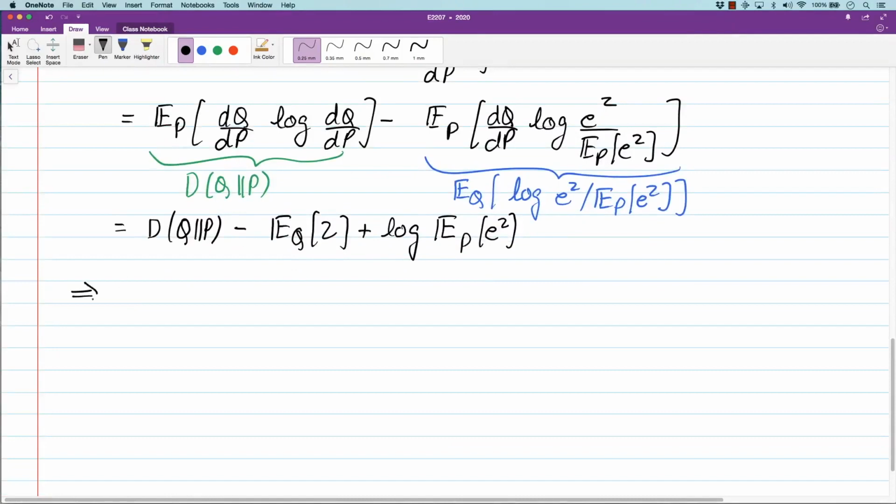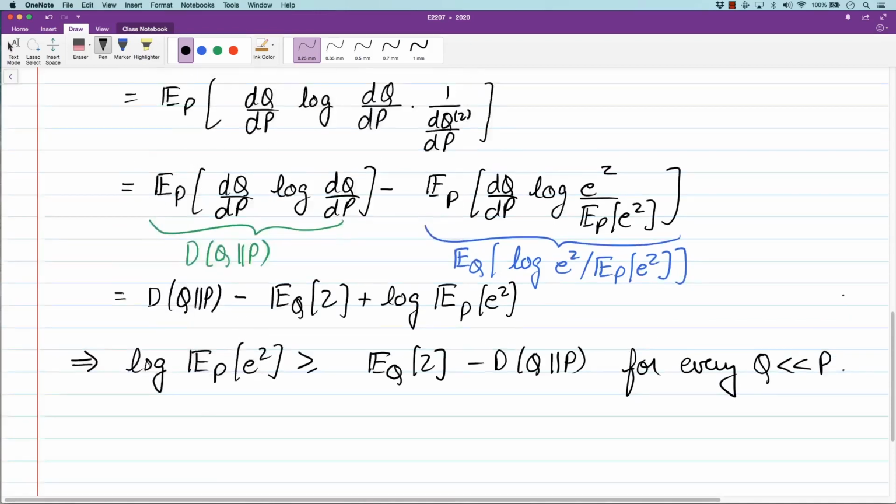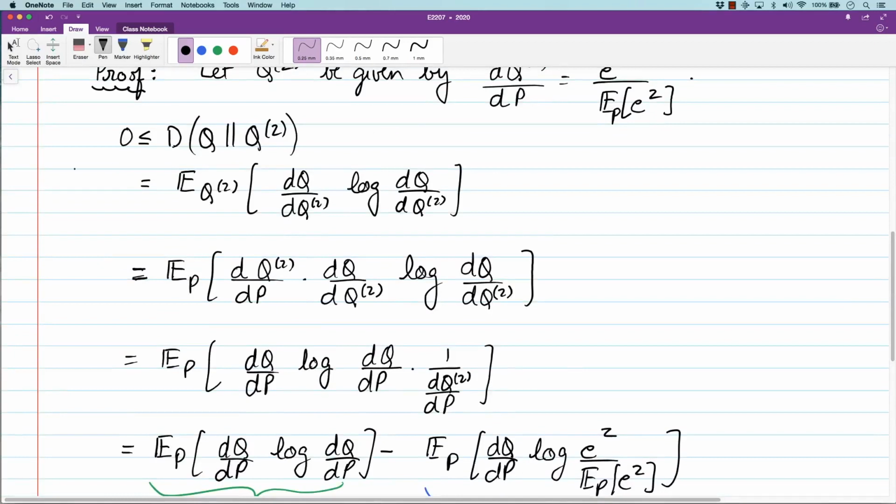And so what that implies is that the log moment generating function exceeds E_q[Z] minus D(q||p) for every q that has density with respect to p. But in fact, we also know the condition for equality.